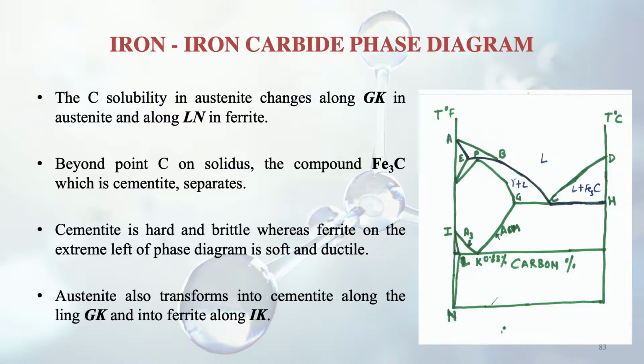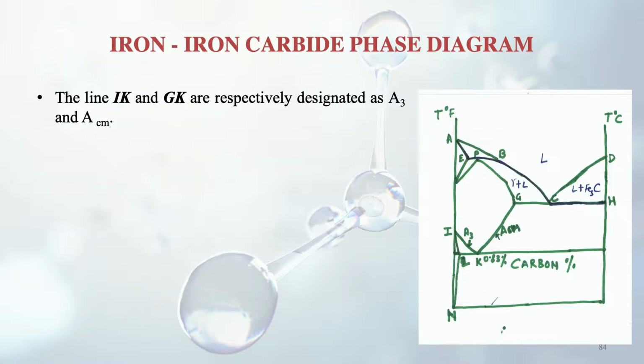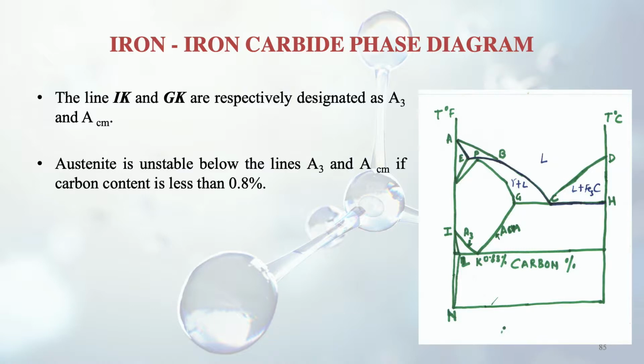Austenite also transforms into cementite along the line GK and into ferrite along the line IK. The lines IK and GK are also respectively designated as A3 and ACM. Austenite is unstable below the lines A3 and ACM. Unstable means it can change to different forms, especially if carbon content is less than 0.8%.